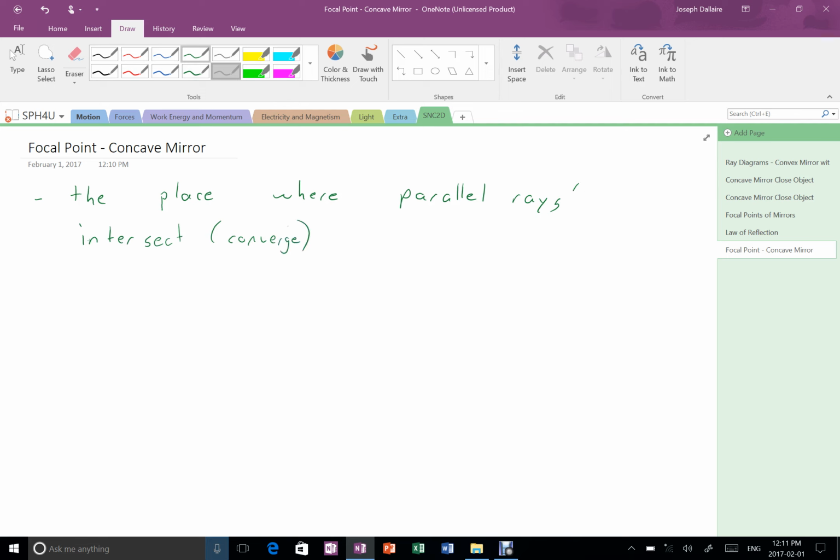Parallel rays, and by parallel I mean parallel to the optic axis. And remember, here the optic axis goes through the middle of the mirror.